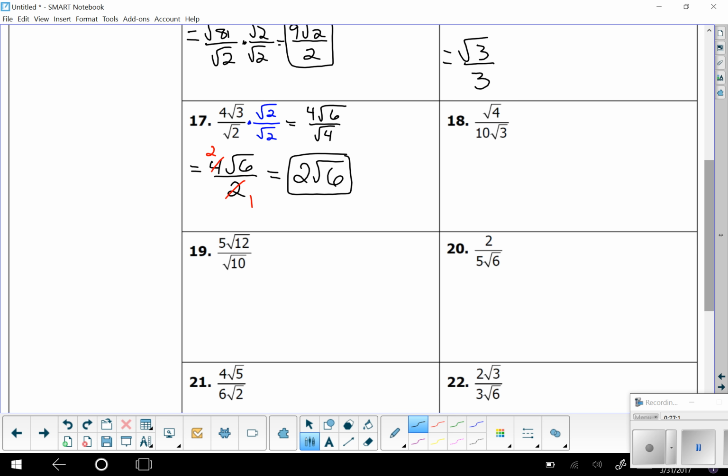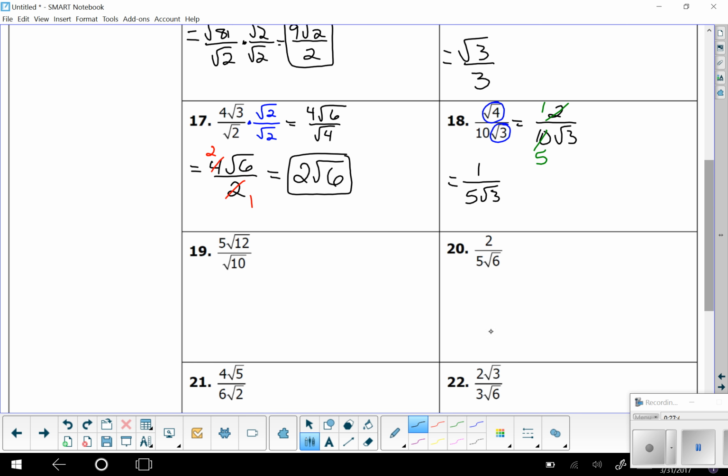You can't reduce inside, but you can reduce outside. So for 18, you only have to do the square root. You don't have to do anything else. And this can be simplified right off the bat. So this right here is going to be 2. So we're going to get 2 over 10 square root 3. Let's just reduce this right off the bat. Let's clean it up before we do the other.